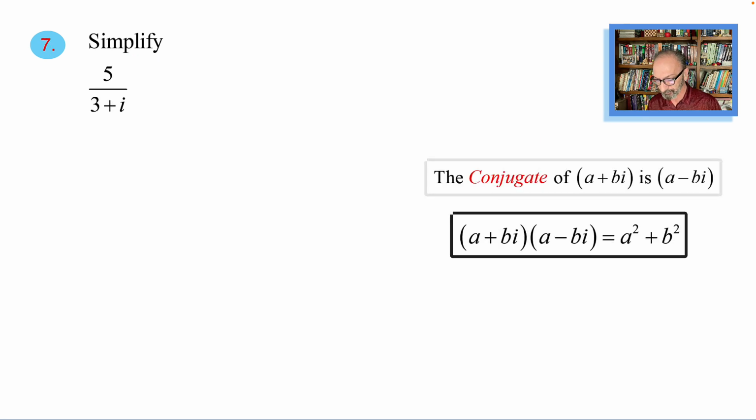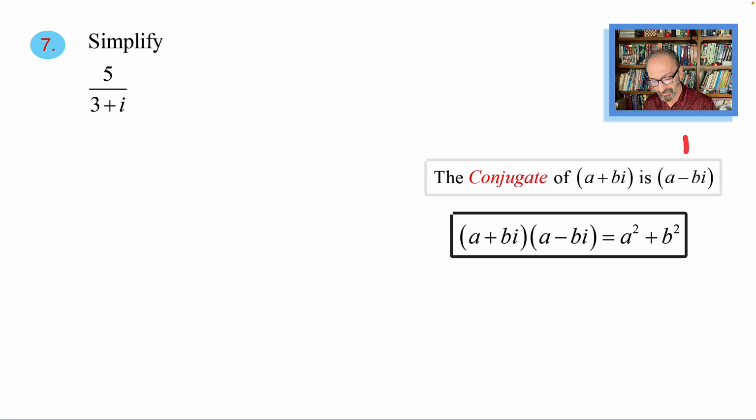Number 7. In this case, it doesn't work to multiply by I because 3 becomes 3i. We need to get rid of the I, and the right way is using the conjugate. The conjugate of a plus bi is a minus bi. You will just multiply by the conjugate.